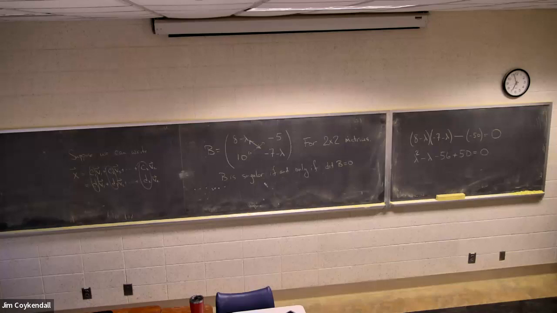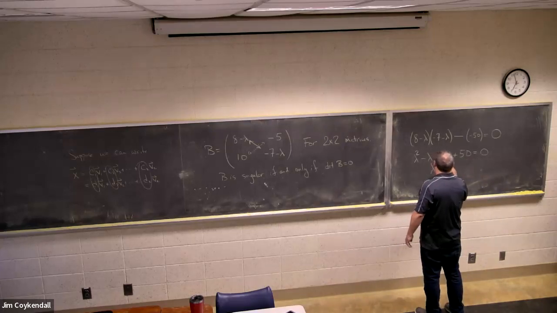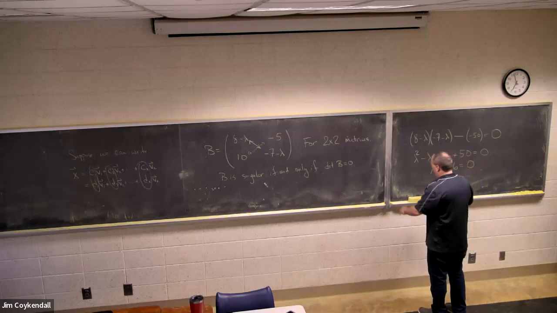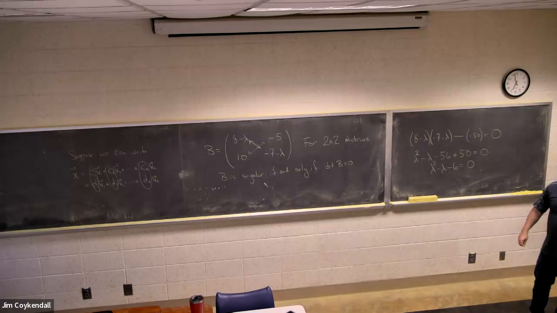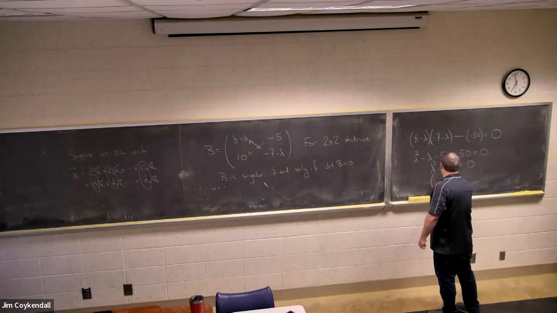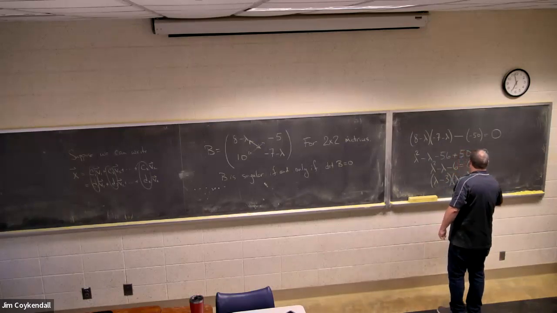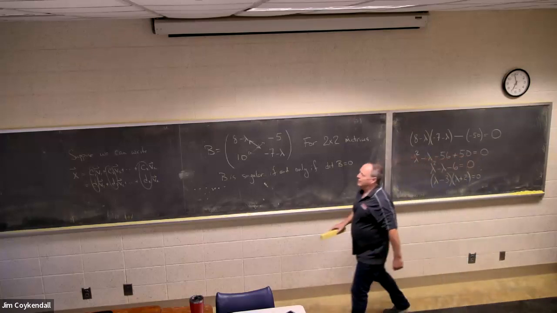Okay, so how do we solve this? We could use the quadratic equation for sure, but this one factors nicely: lambda minus 3, lambda plus 2 is equal to 0. So for what values of lambda is this singular?